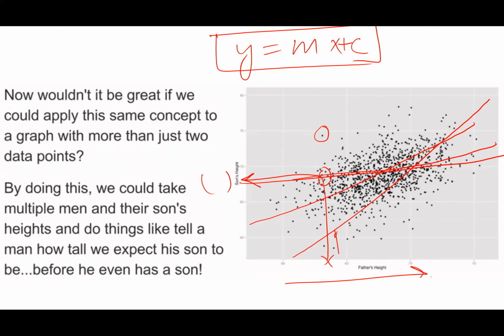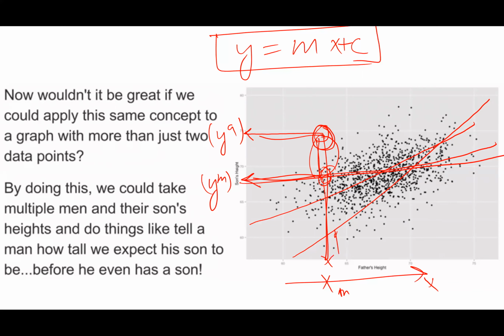So at x, suppose x1, my model gives y model, and this is the actual value which I observed. So at a given x, I have two different values: my model is giving me this height, my actual height is this much, so I have an error.